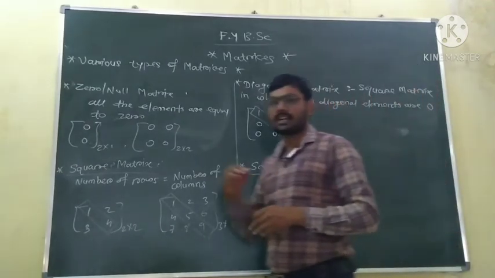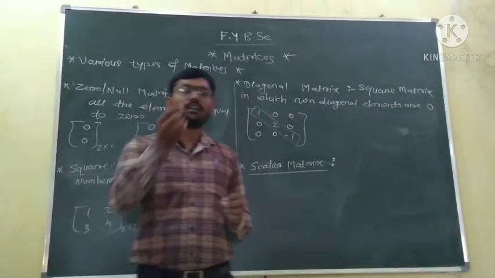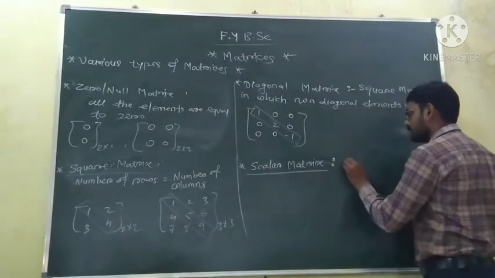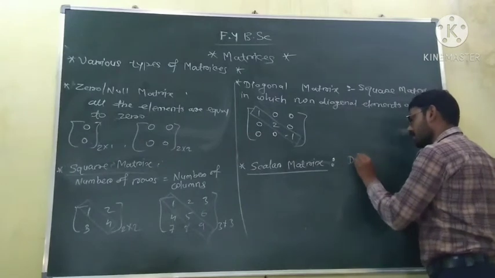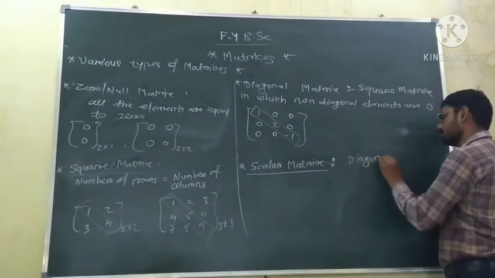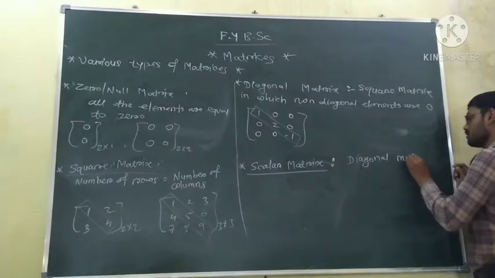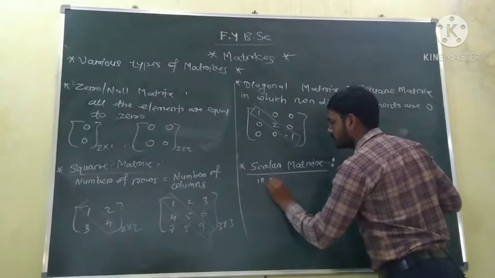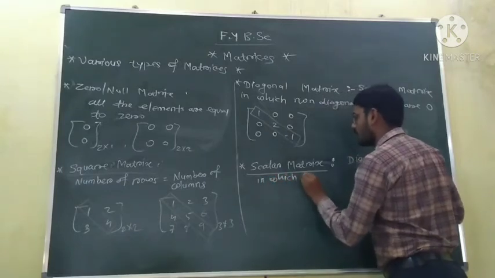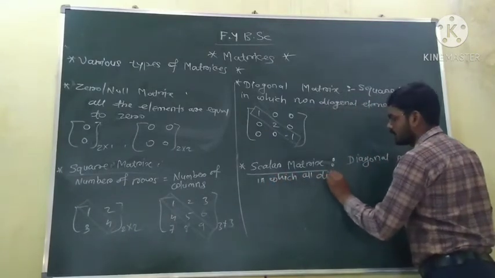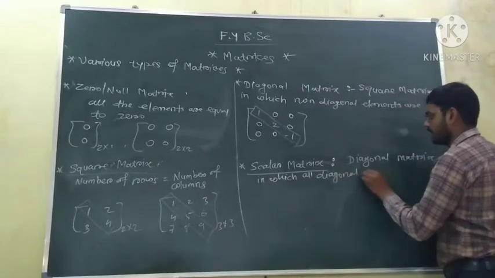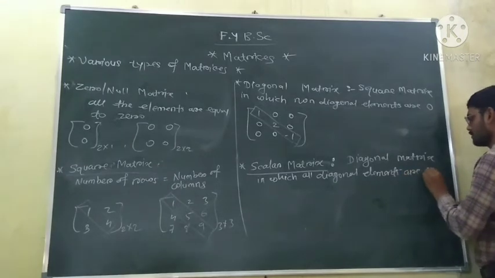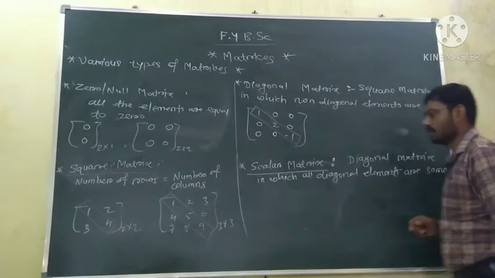A scalar matrix means a diagonal matrix in which all the diagonal elements are the same.